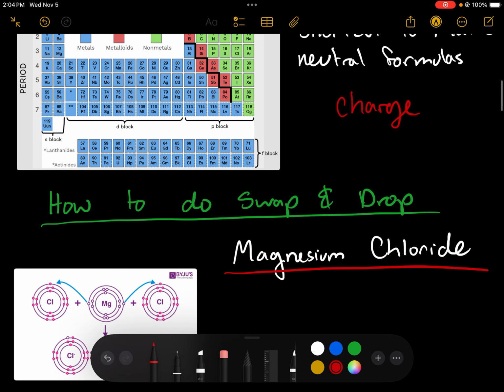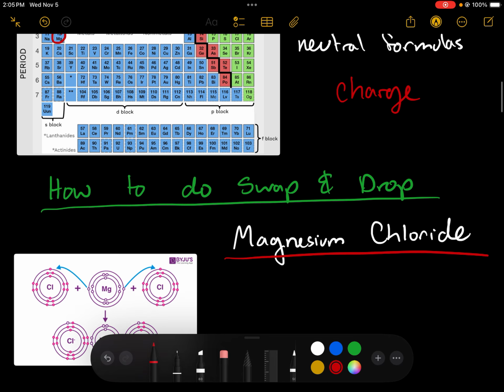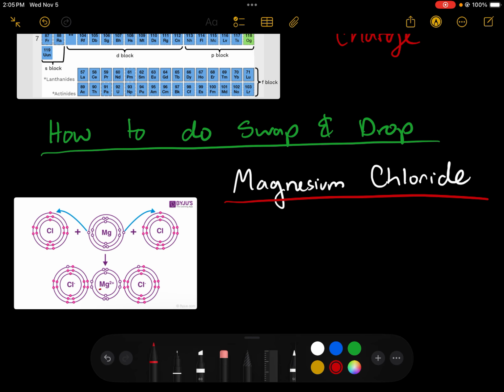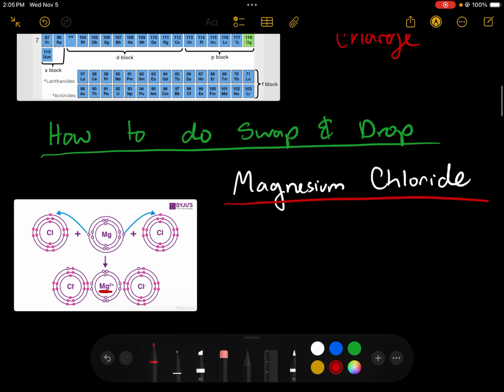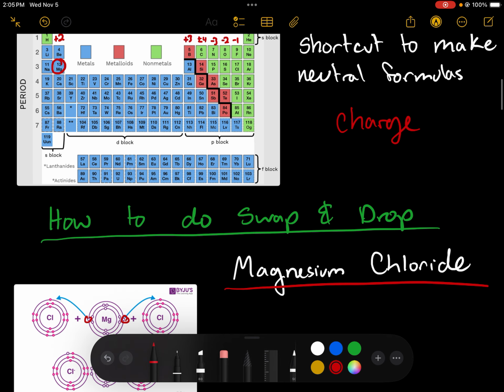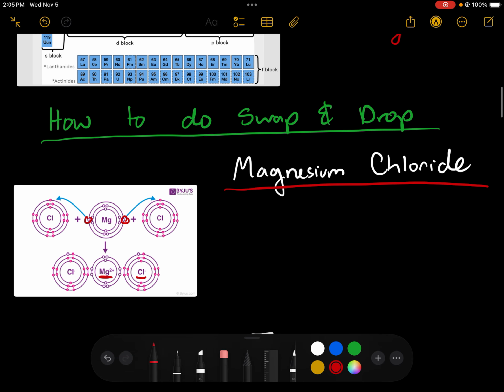Magnesium is in group 2, which means it ends up with a +2 charge, because it loses its 2 valence electrons. Chlorine is in group 17, so it ends up with a -1 charge, because it gains 1 valence electron in its ionic state.